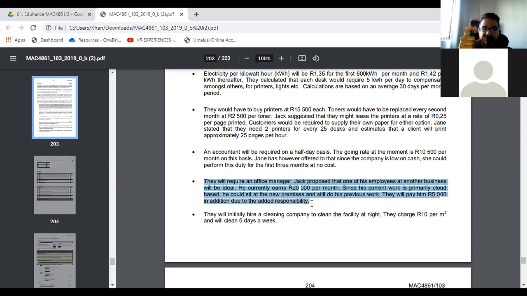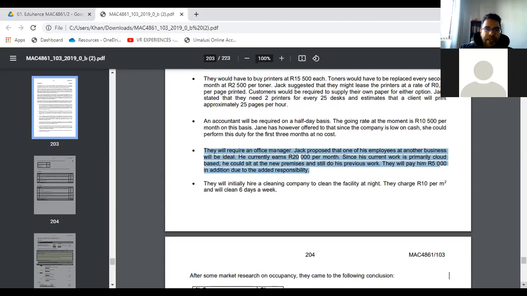So that extra 5,000 Rand is the relevant cost. Remember, future differential cash flow: the 5,000 Rand is the differential. The 20,000 is non-differential and irrelevant, because whether or not business space goes ahead, he's still earning his 20,000 Rand.